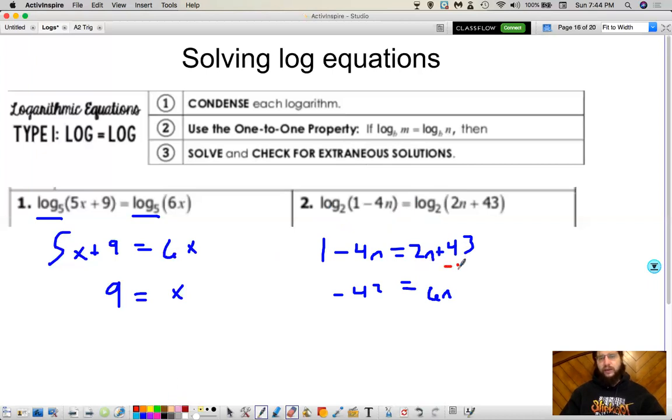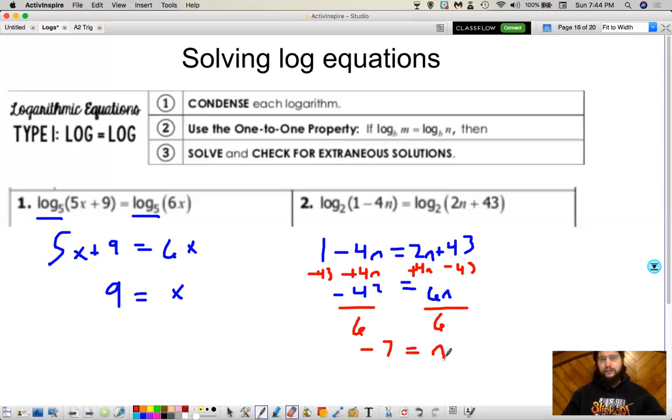Here's what I did: minus 43, plus 4n, plus 4n. All right, so then we're going to divide by the coefficient. And negative 7 is n.